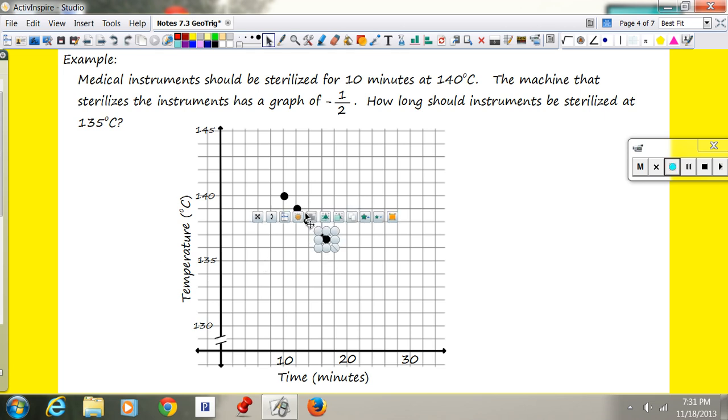Okay, how long should instruments be sterilized at 135? It looks to me like down 1, 2, we're almost there, 140, 139, 138, 137, 136, and 135. So exactly 20 minutes. So you could draw in your line there.